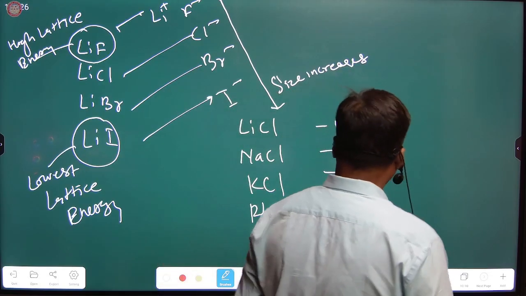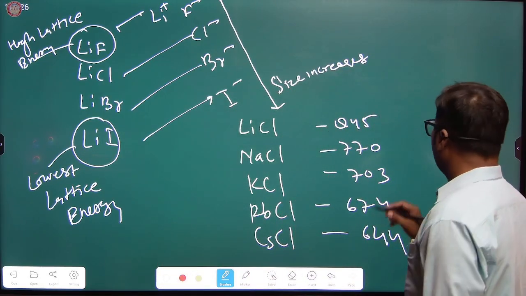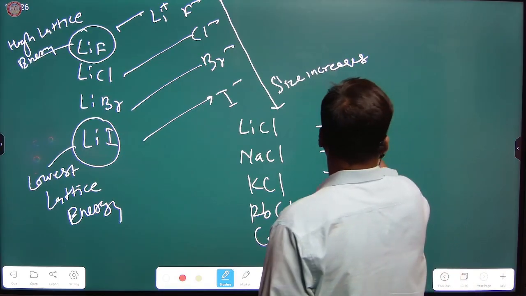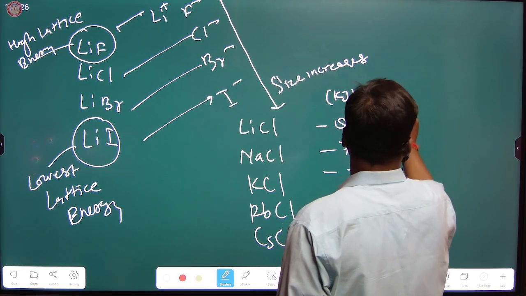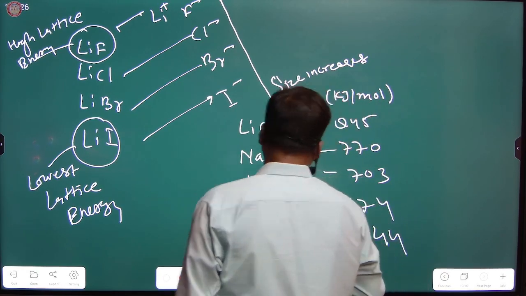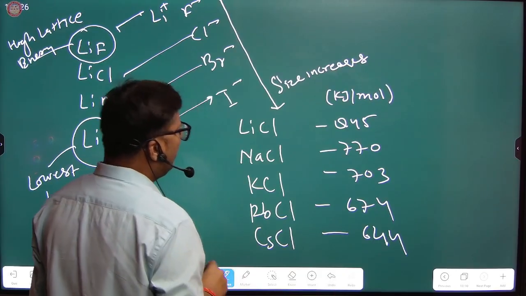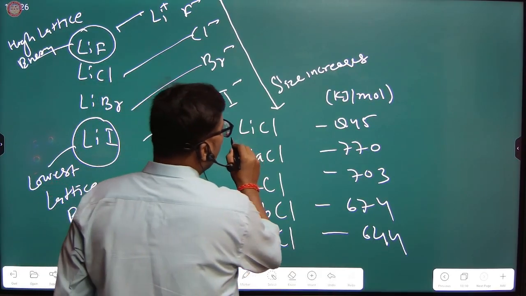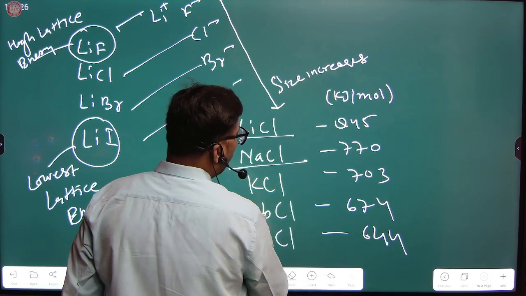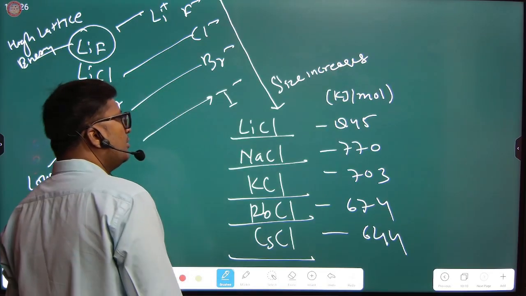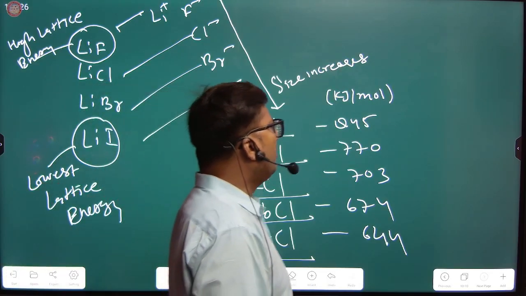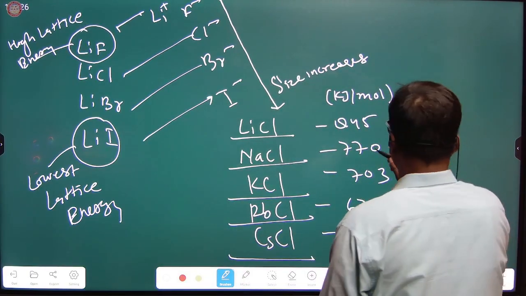These data are in kilojoules per mole. For the first group, the alkali metal halides like lithium chloride, sodium chloride, potassium chloride, rubidium chloride, and cesium chloride, the data are like that.